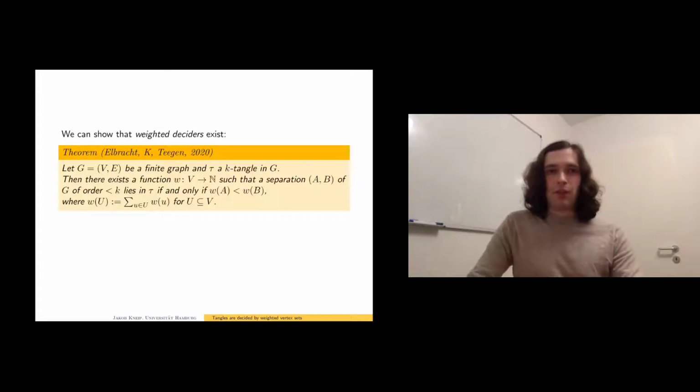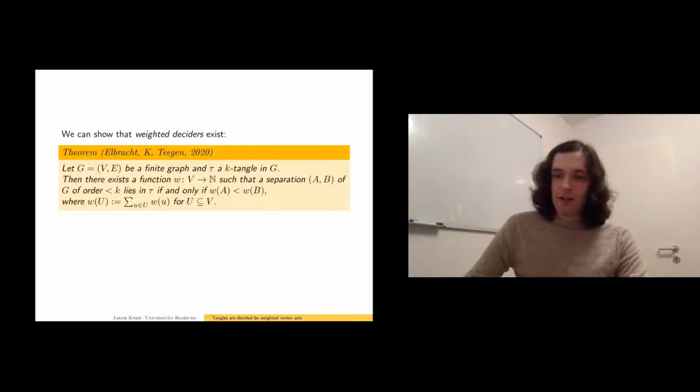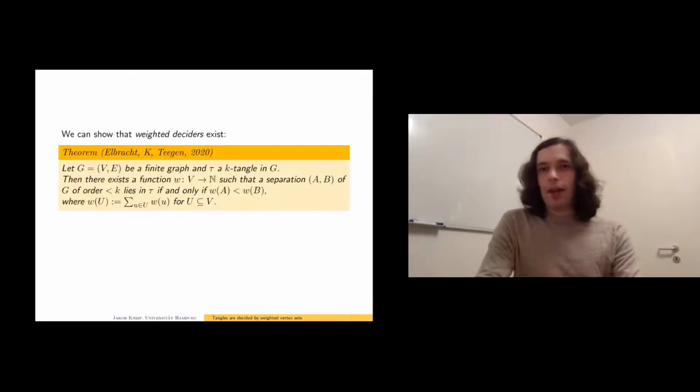Together with, as mentioned, Albert and Tegen, we showed that whenever you have a k-tangle in a graph, you can distribute weights on the vertices, non-negative weights, of course, in such a way that for each separation in your tangle, the side that's big according to the tangle is precisely the side with higher total weight. And what I want to show you today is the proof of this theorem and the ways to extend this to slightly different settings.